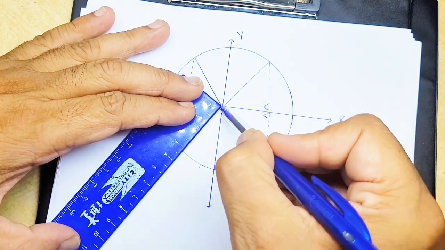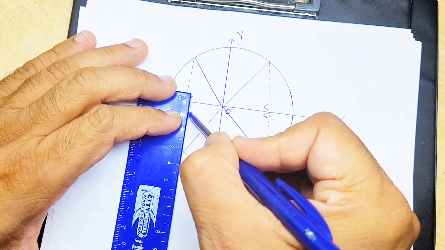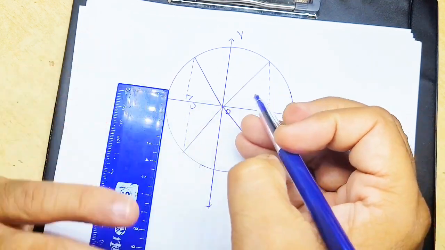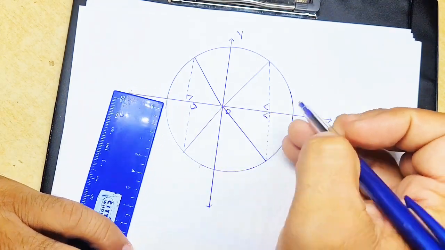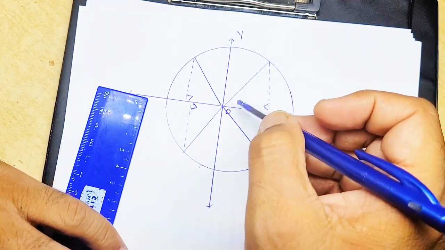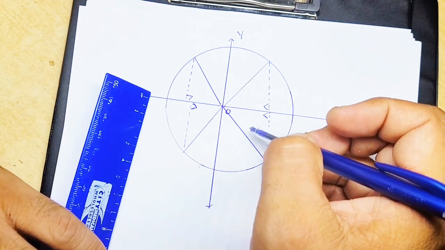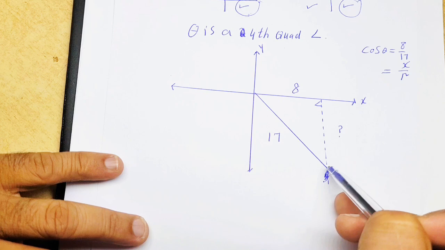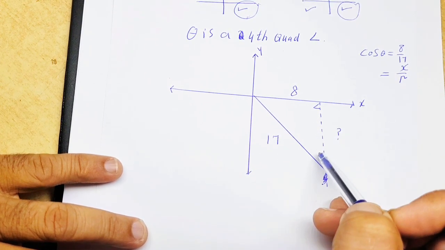If it's here, there's my radius, it's going to be like this. This is 90 degrees also. So that's how it works on the Cartesian plane to draw the triangle. We'll come back to our question now. So this is my triangle. You draw the triangle on the Cartesian plane.